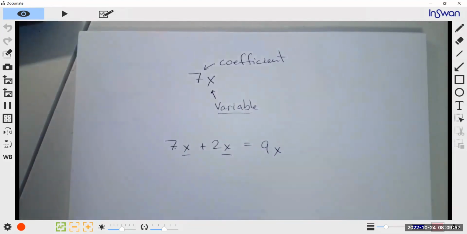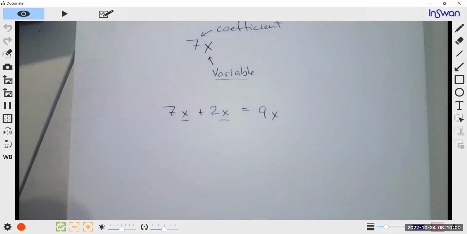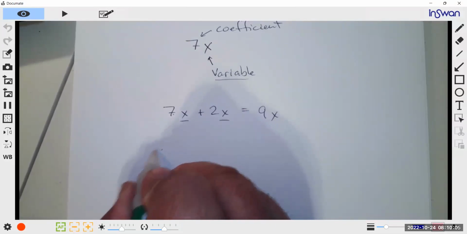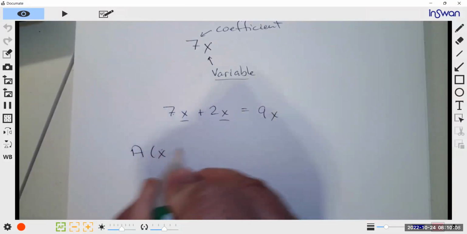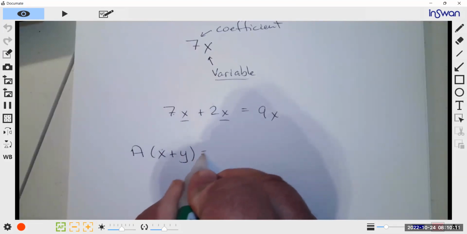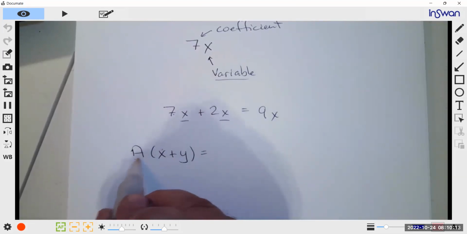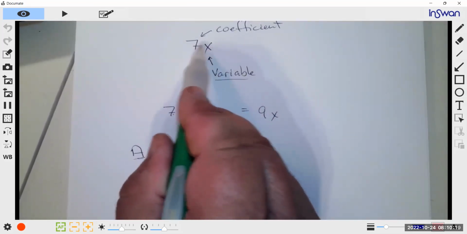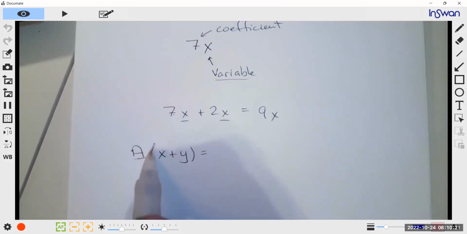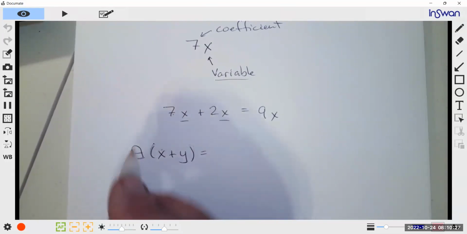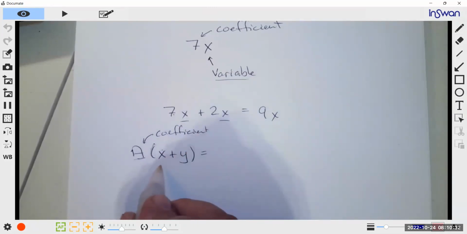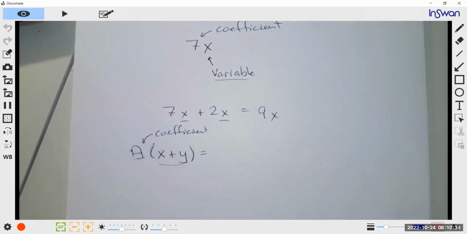Now, what rule tells us we can do that? Remember this rule from the beginning of the semester. This is the coefficient. Whatever's in front of the parentheses is the coefficient. And this is the argument, the inside.